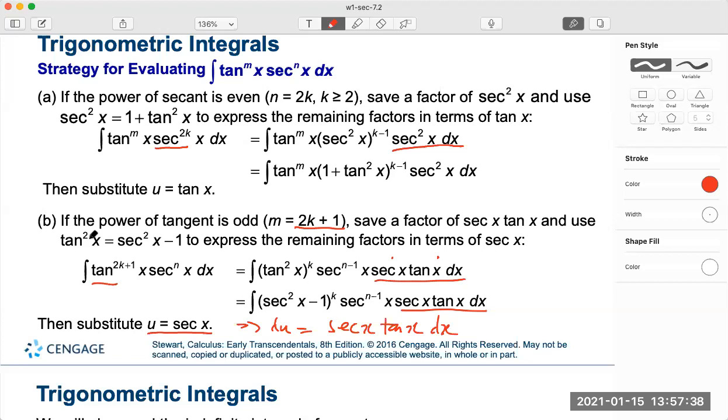Because we define u to be secant, so we don't care about the secant orders here, just one order lower, right? And everything here we can write in terms of secant. Okay, memorize these tricks and we'll be fine. Okay, let us continue.